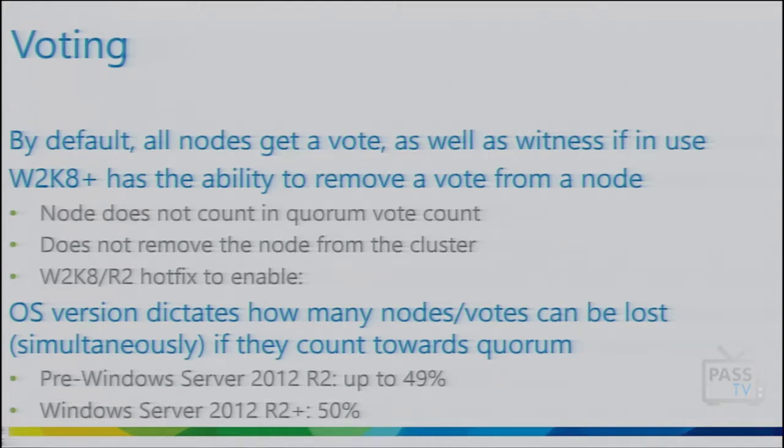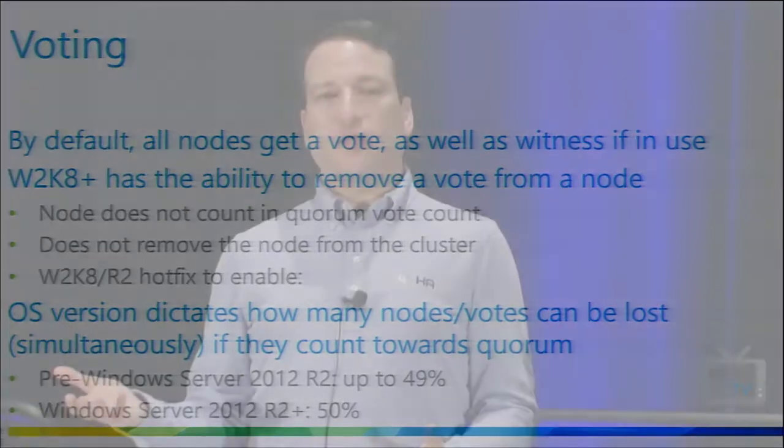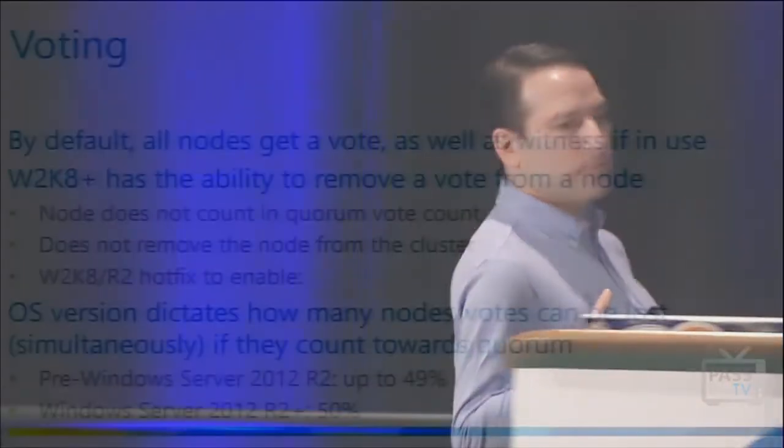So in the case of, let's say, a 3-node Windows Server failover cluster that you have as an AG configuration, let's say 2 nodes are synchronous for availability, and then you have a third node that's purely for reporting. If that third node you don't care about from an availability perspective, you could potentially remove its vote. And I'll show you how to do that in a little bit.